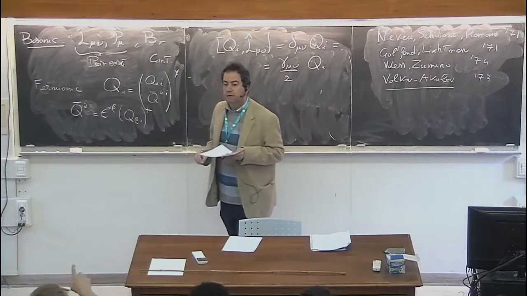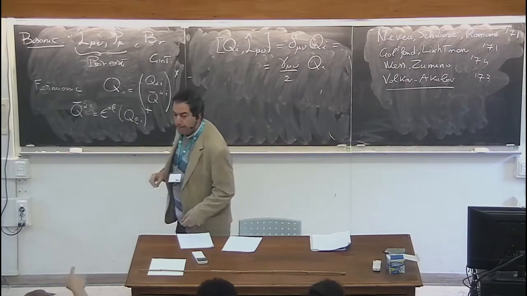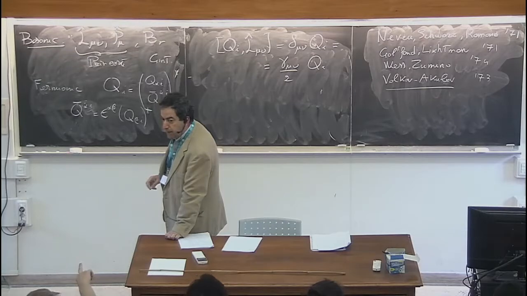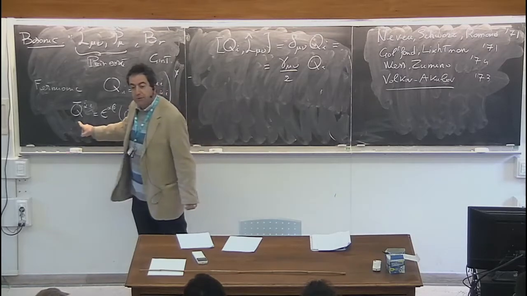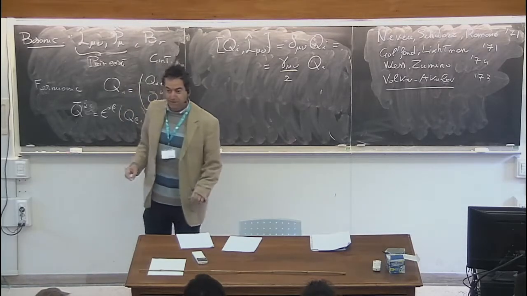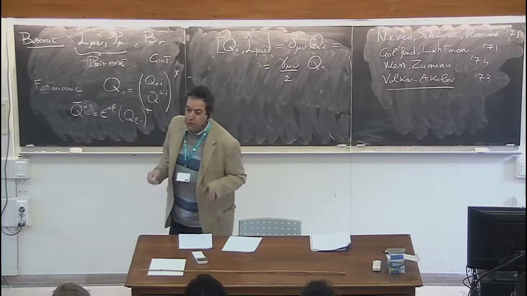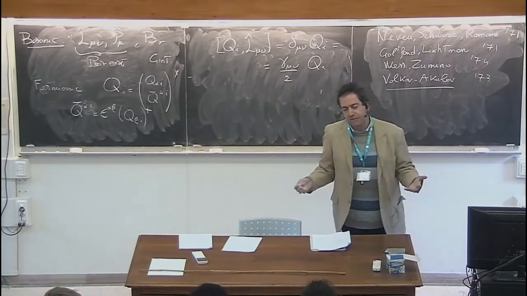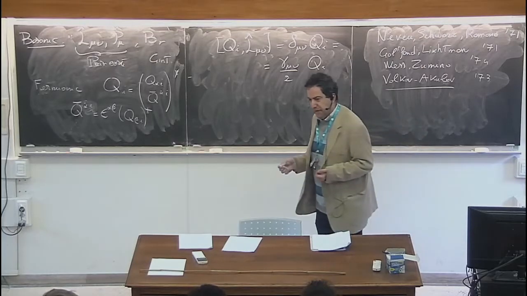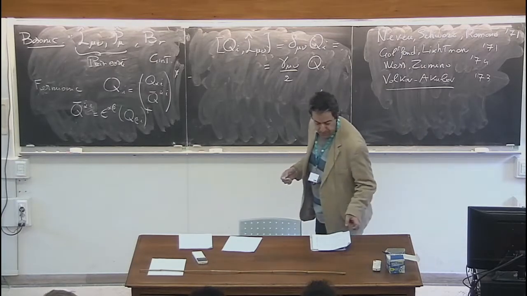Sure. So the two components in the spinor Q, they are not independent. No, you see, because the Q is defined as a Majorana spinor. So we choose to work with Majoranas, and any supergravity can be written in terms of Majorana spinors in 4 dimensions.